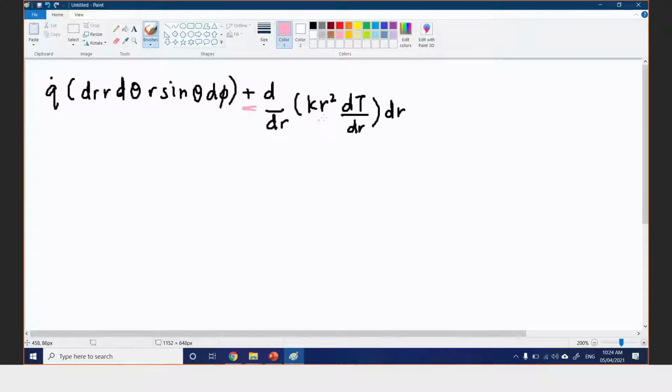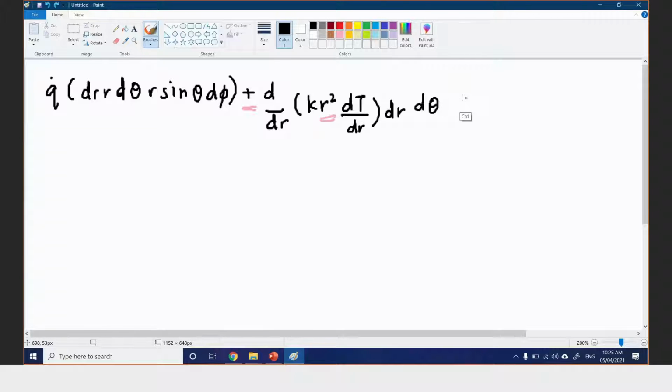So r here is r squared because I took it out from here. So originally dr is here, and then times the area. The area should be r d theta and r sine theta d phi.